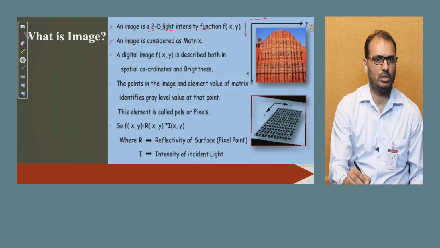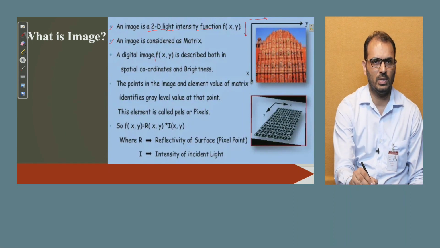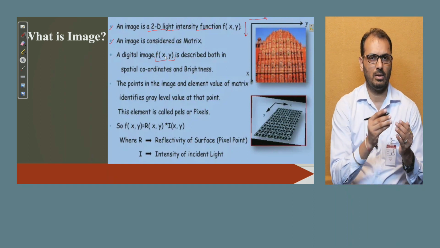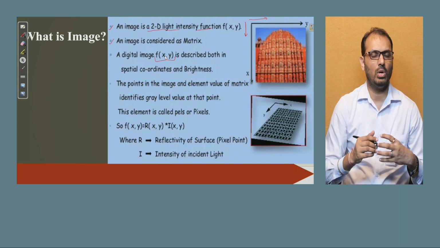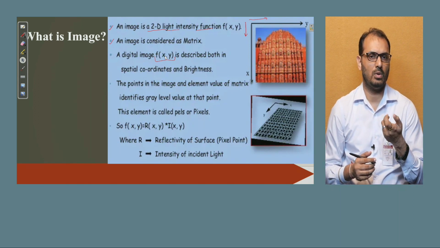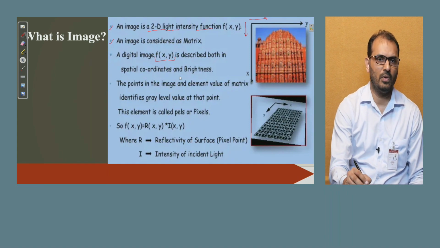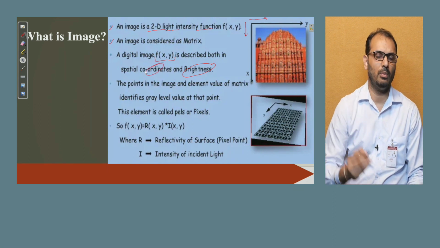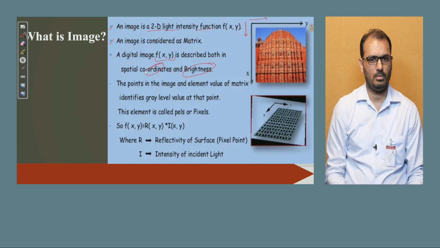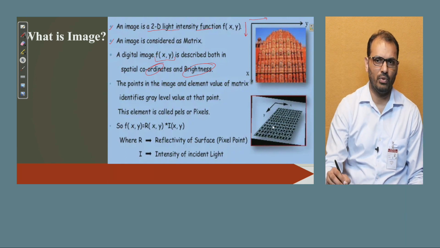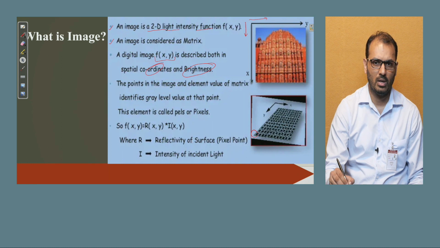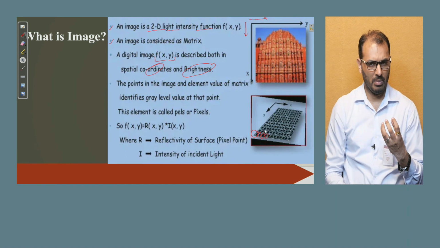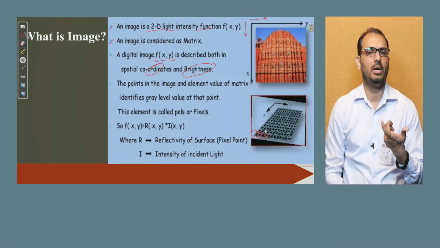What this matrix represents, we represent with the help of this function f of x, y, x-axis, y-axis, and no doubt all these function values are numeric only, and these numeric values represent the brightness and the coordinates of the objects available in the picture. And the smallest element we have in the image, suppose this is one value, another value, another value, these are the smallest elements of the image, and that smallest element we call a pixel.